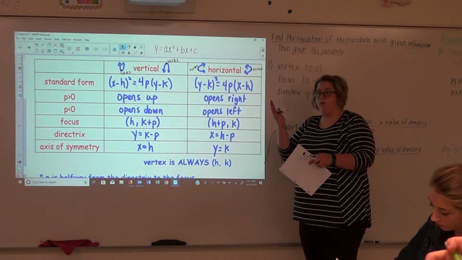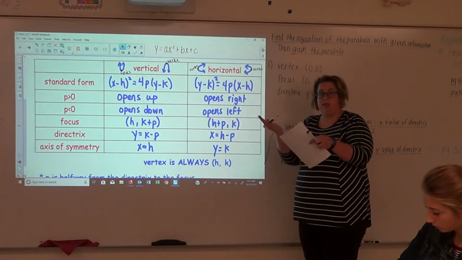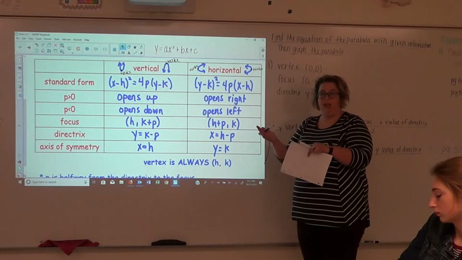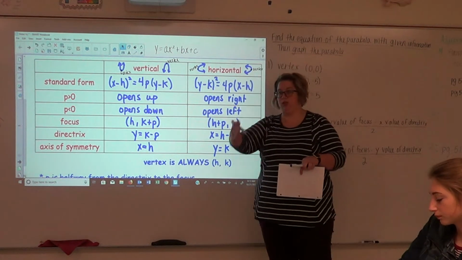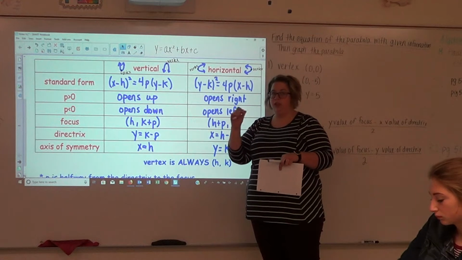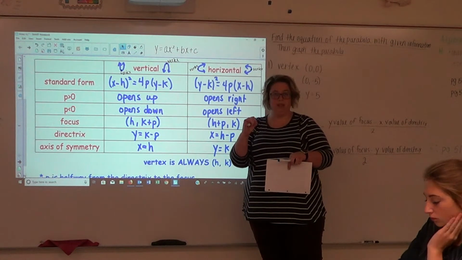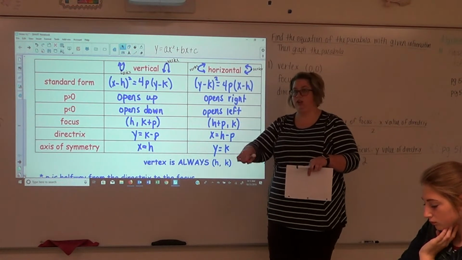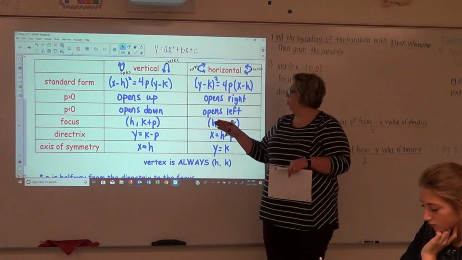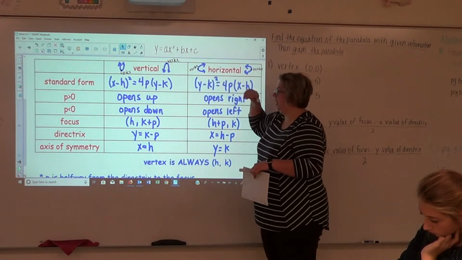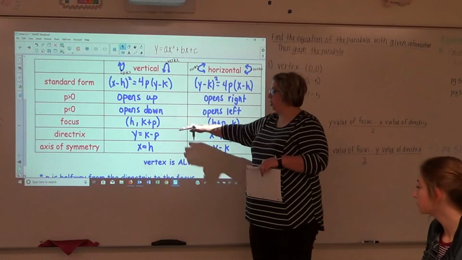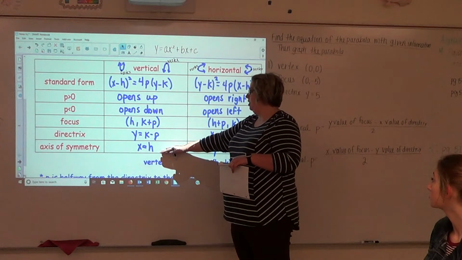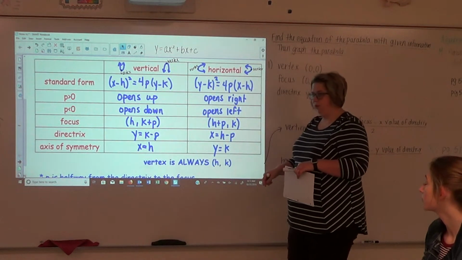So it's like the perfect middle point that makes the graph fold in half, right? The axis is the line, so either a vertical line or a horizontal line. The vertex is that point that either goes from increasing to decreasing, goes back up, or it's on the side. Okay, we just talked about the focus and the directrix at the beginning. Axis is what cuts it in half.